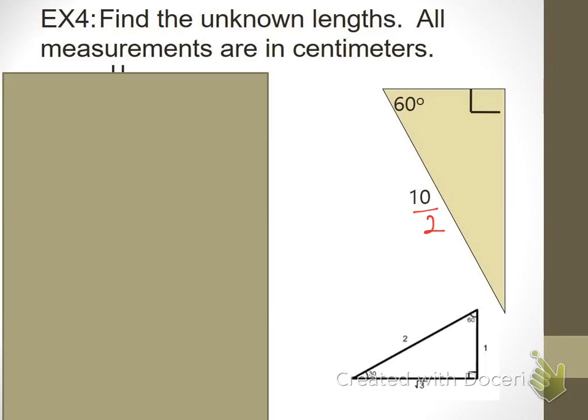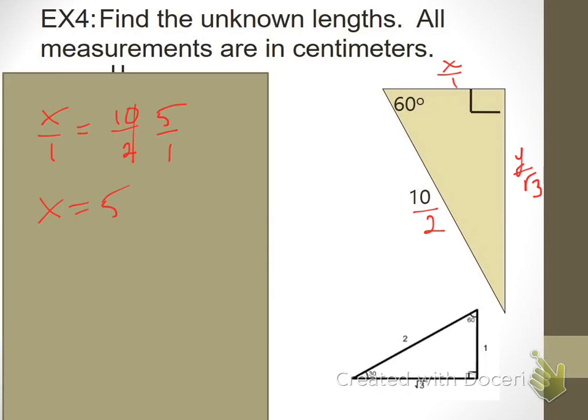Okay, so the hypotenuse is over 2. The short leg is over 1. And the long leg is over radical 3. Now, let's just go ahead and find both of these. Why not? Right? So, we go x over 1 equals 10 over 2. You are welcome to reduce that into 5 over 1, and then cross multiply and find out that x is 5.